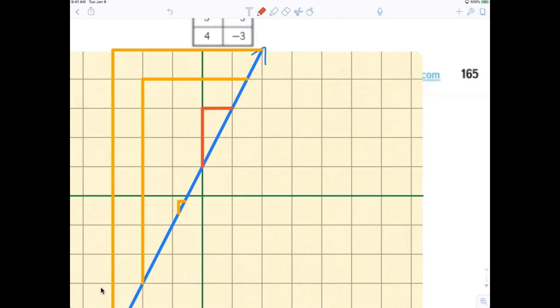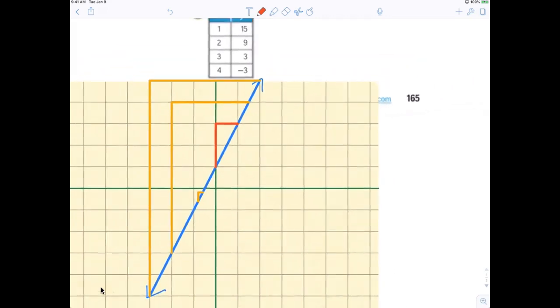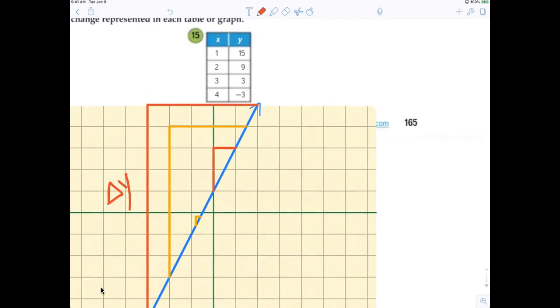That's all it is. Like he said earlier, which I was happy with, he said 10 over 5. That's exactly correct. What does 10 over 5 reduce to? Doesn't matter. All of these over here are called delta y's. These up here are called delta x's.